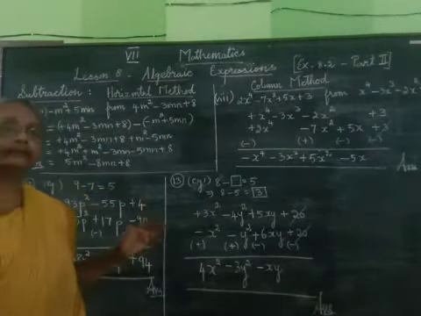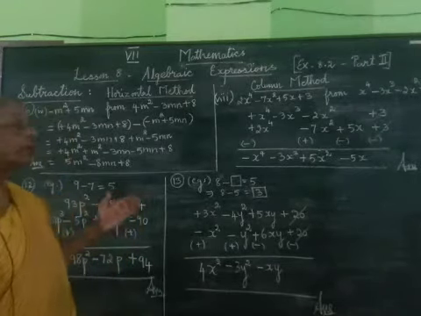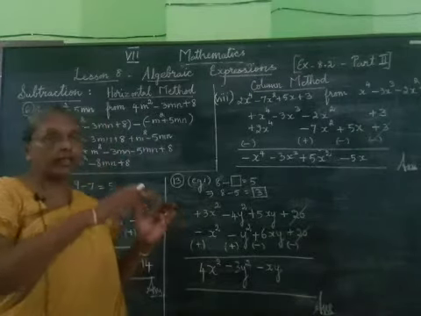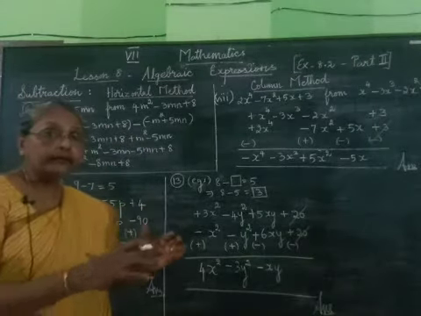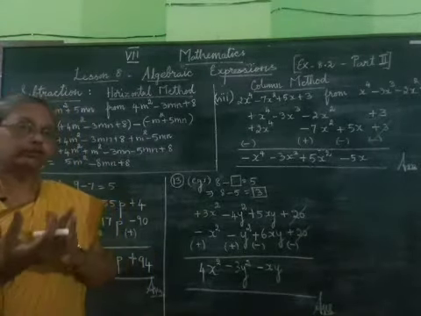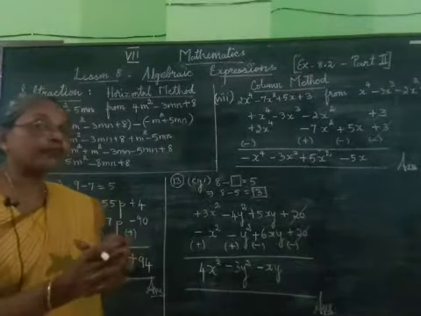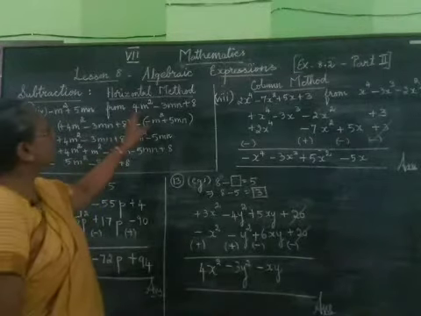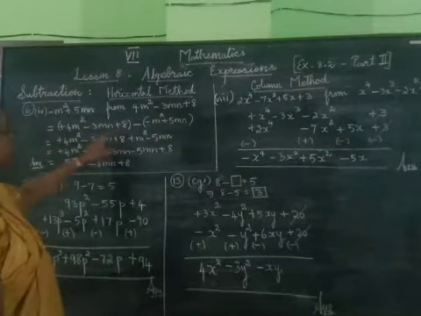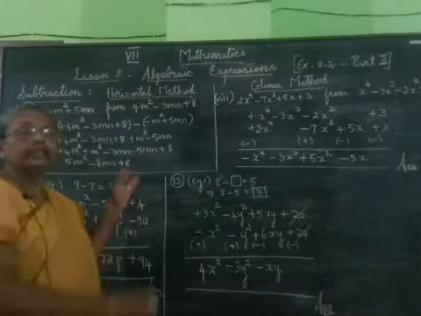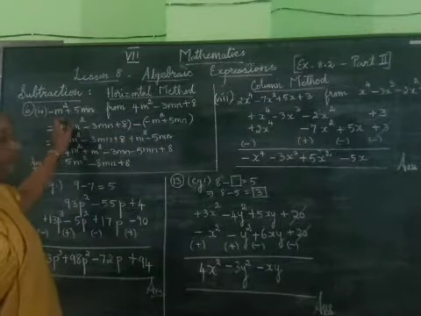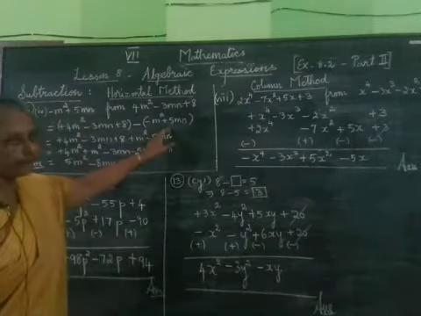Now always we have learnt that whenever it is given subtract something from another, we have to write the second thing, whichever is given after from, that only we have to write first. So here we have to write 4m squared minus 3mn plus 8 first, then minus the next expression, that is minus m squared plus 5mn.